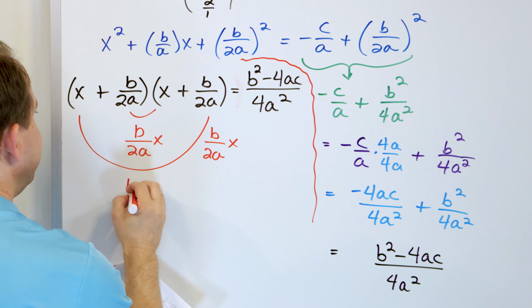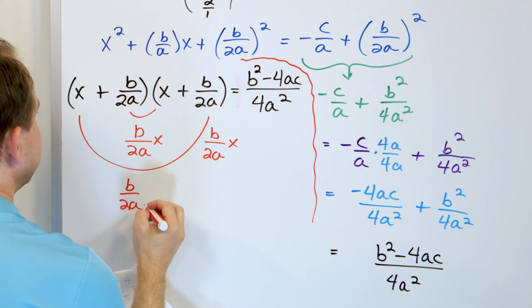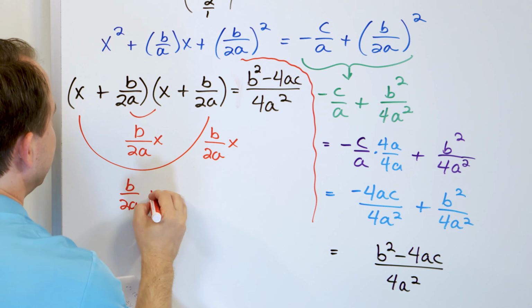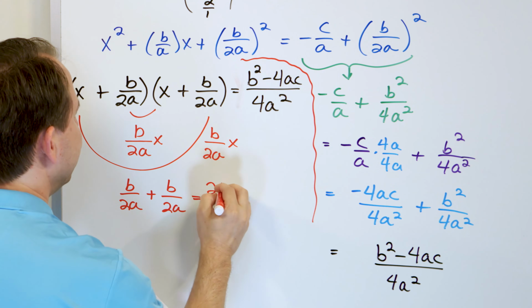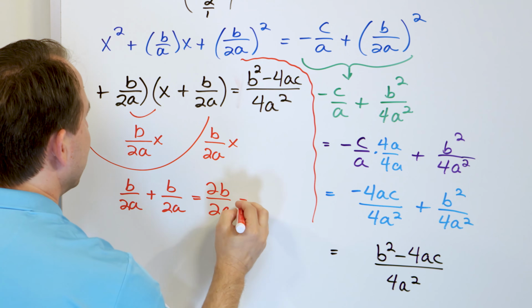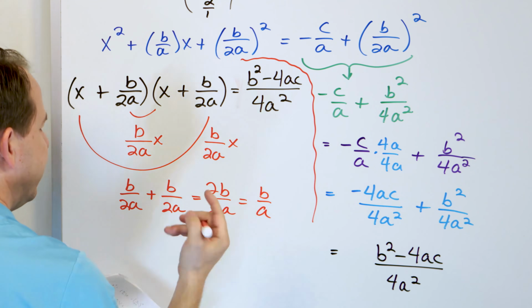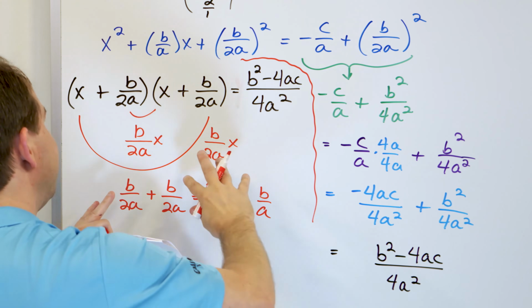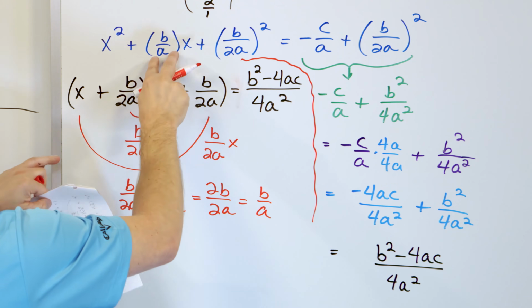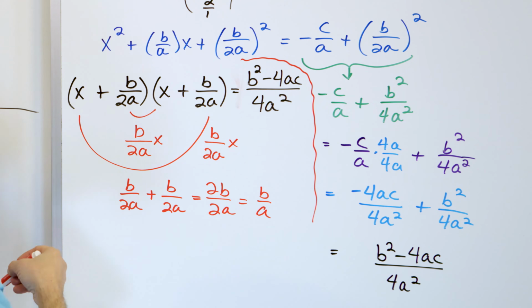So we're going to have b over 2a plus b over 2a, with the x, and check it. We have a common denominator, so we'll get 2b over 2a, which is b over a. So the 2's cancel. So b over a x, that's what we got for the middle term. I'm doing this to show you that this factored form that we have is exactly giving you the middle term that you need, right?